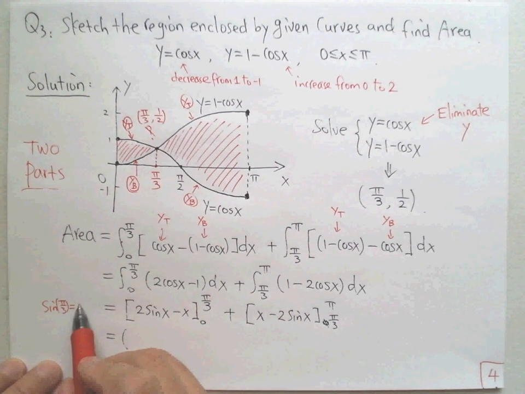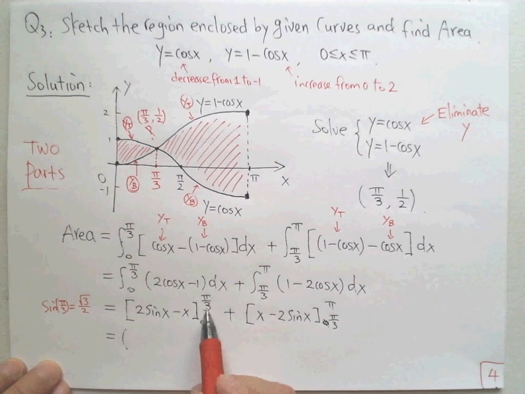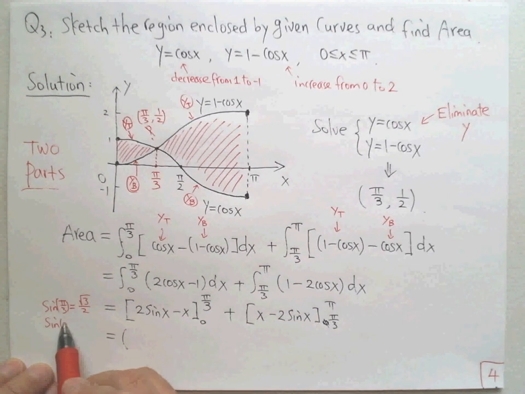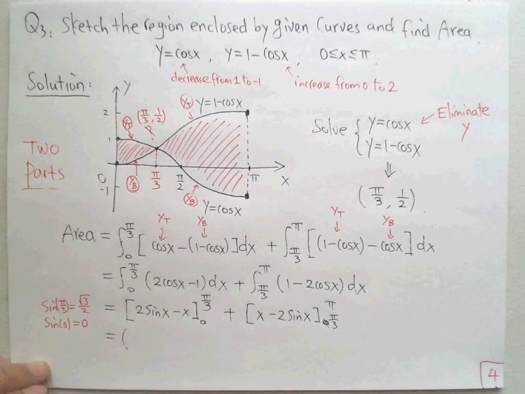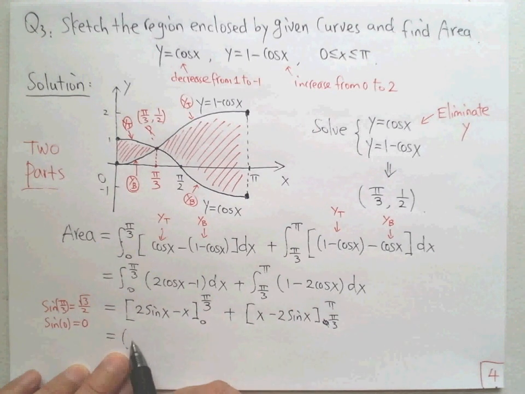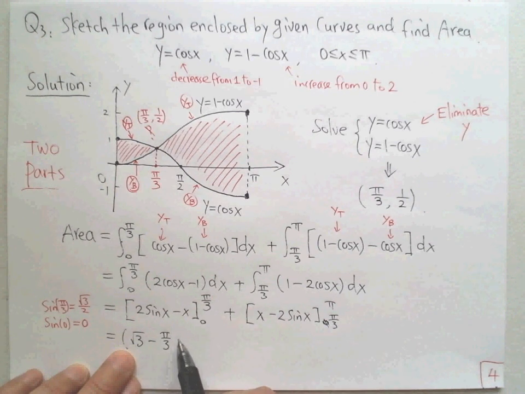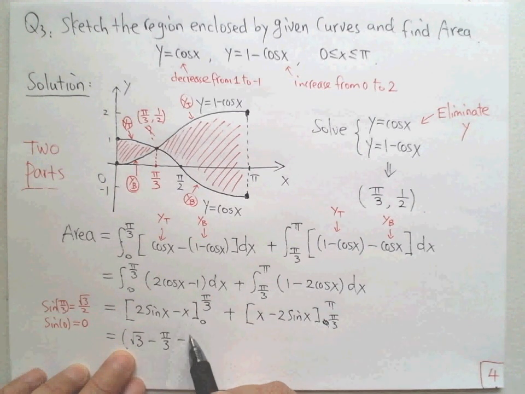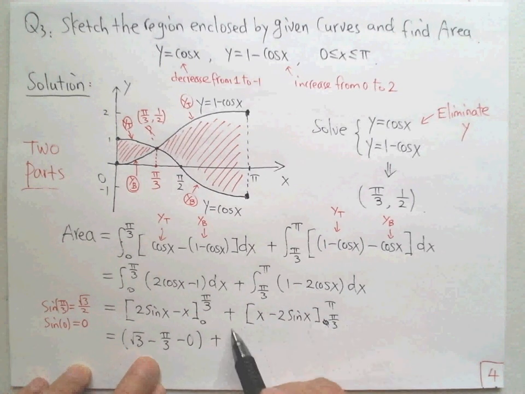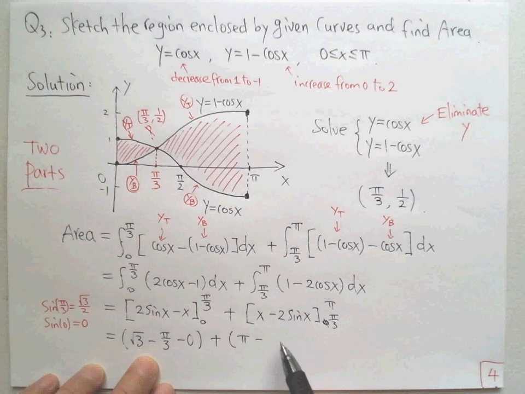Sine pi over 3, sine 60 degrees, is square root of 3 over 2. Then plug in 0, and sine at 0 is 0. Then the 2 cancels, so the first is square root of 3 minus pi over 3, minus 0. This is the first.